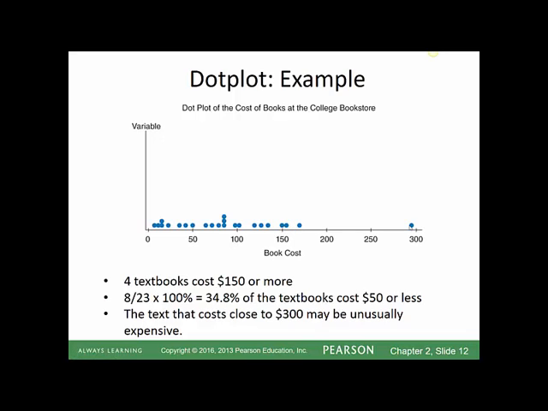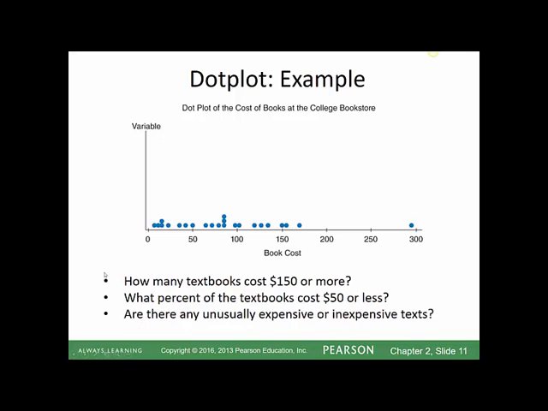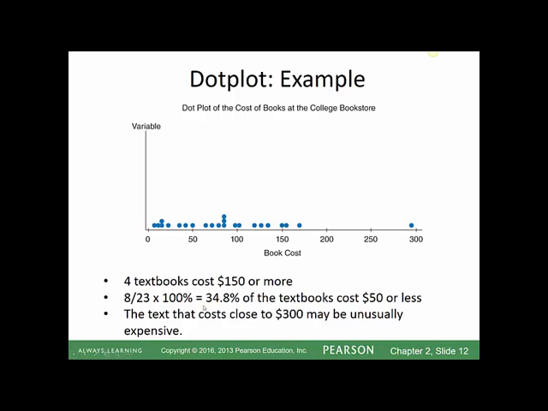And then next we would look at the second question, what percent of the textbooks cost $50 or less? To figure out the percentage, we would do something similar. We look at 50, and we count how many dots are to the left of 50. So we have 1, 2, 3, 4, 5, 6, 7, 8.